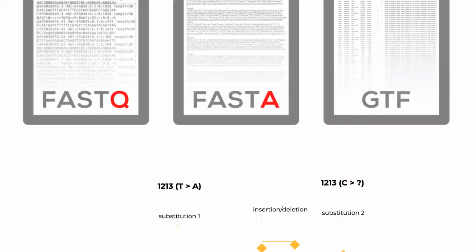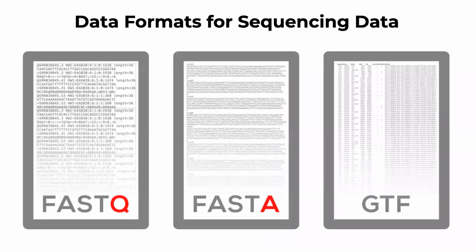All right, we also talked about different file formats. So we talked about FASTQ and FASTA and GTF. So who remembers what is the difference between FASTQ and FASTA? What information does one of them contain that the other one doesn't?